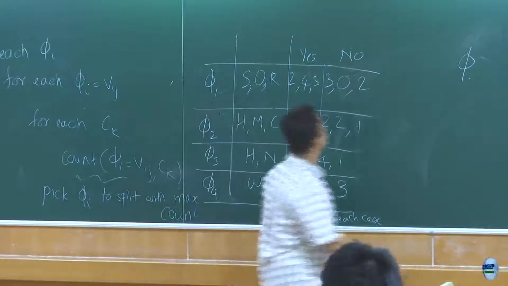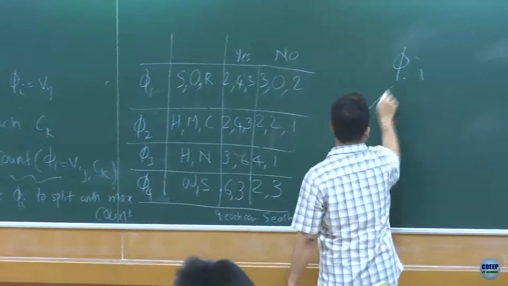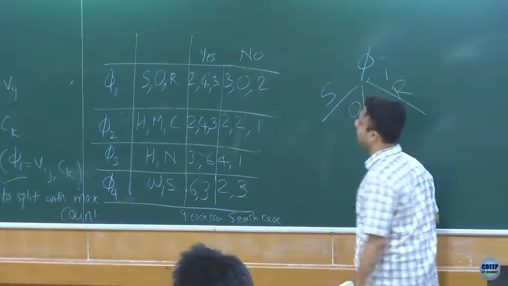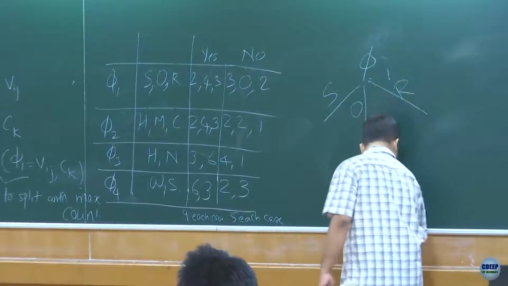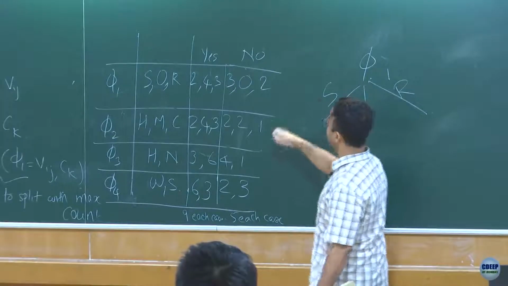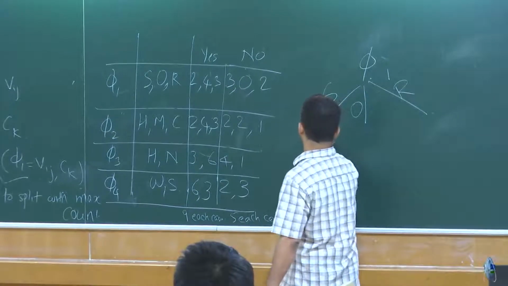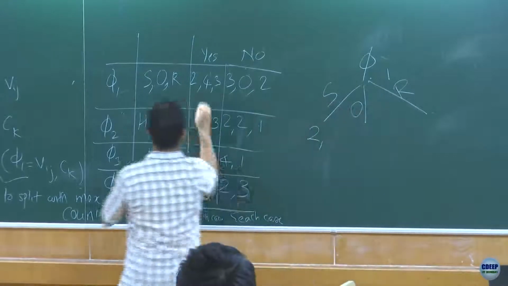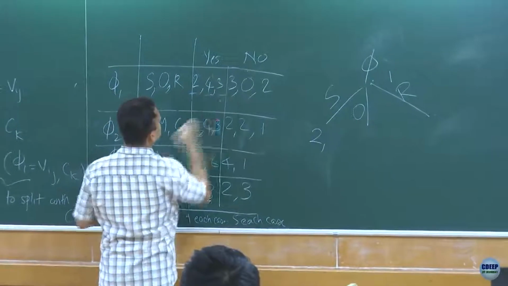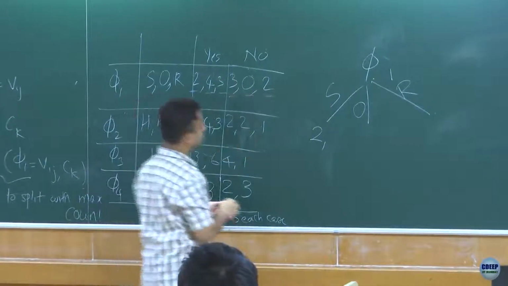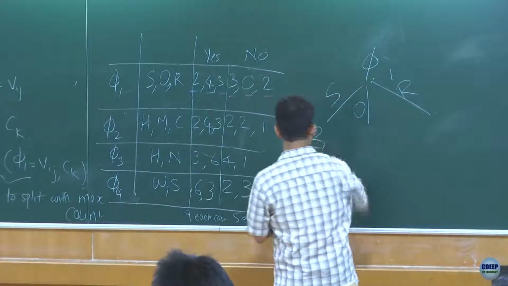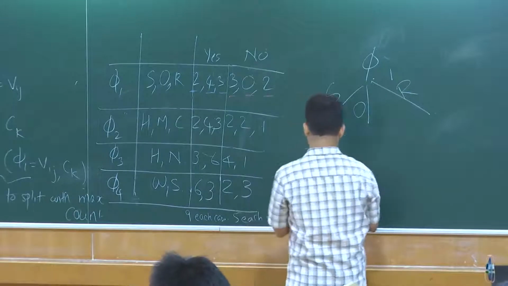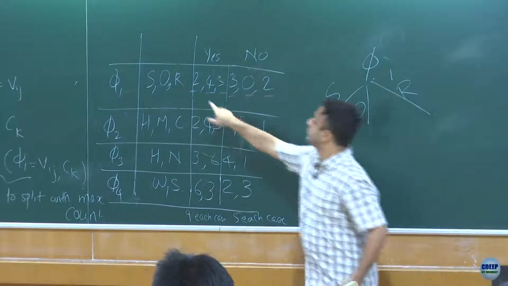So if it's phi 1, my split would have been into S, O and R. And S would have become 2 yes and 3 no's.